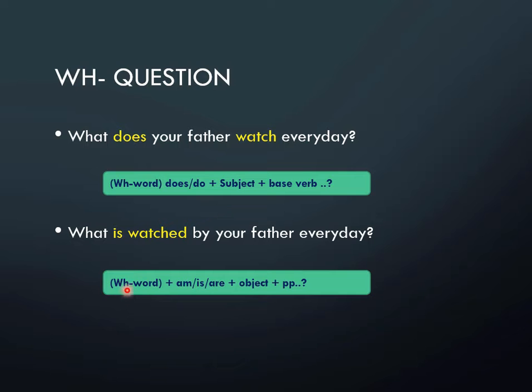We put the question word here, plus am, is, are, plus the object, plus the PP or the past participle at the end. And if you would like to mention the doer or the subject, you can write it after the preposition by at the end. Here we finished the present simple tense in the passive voice.